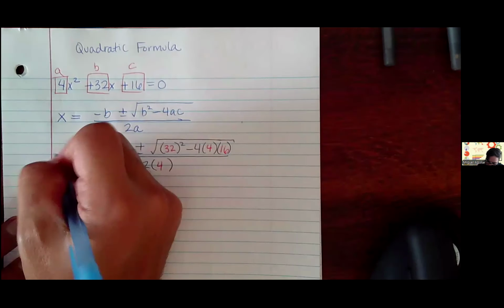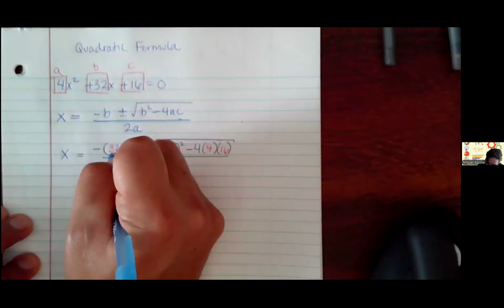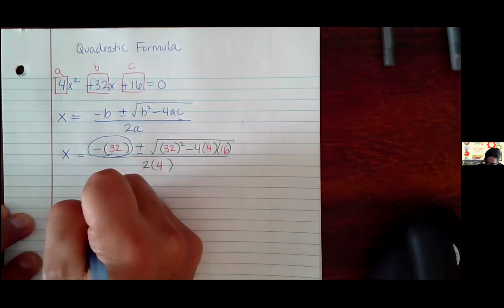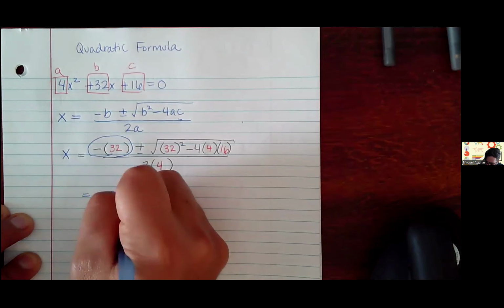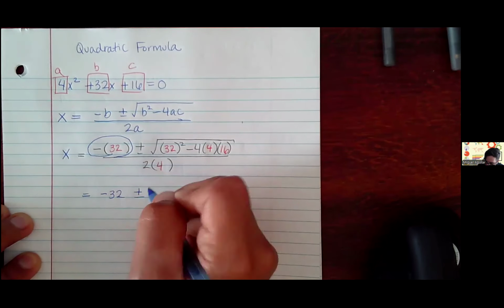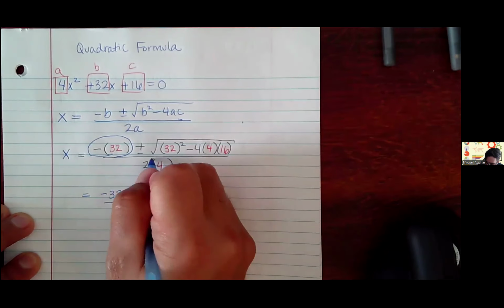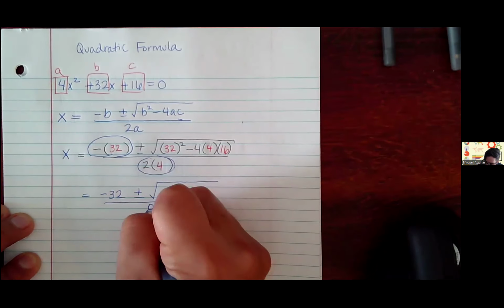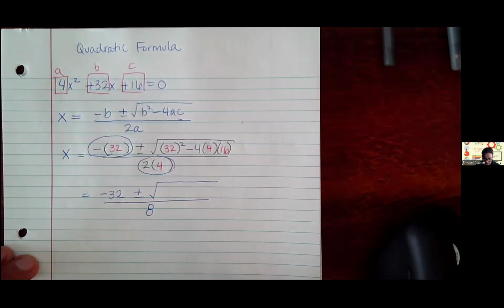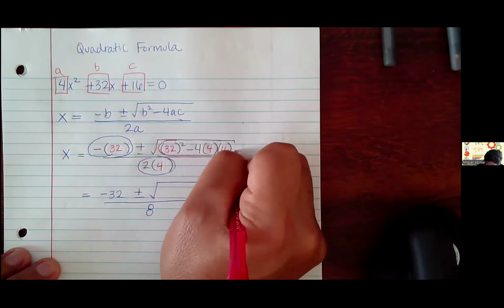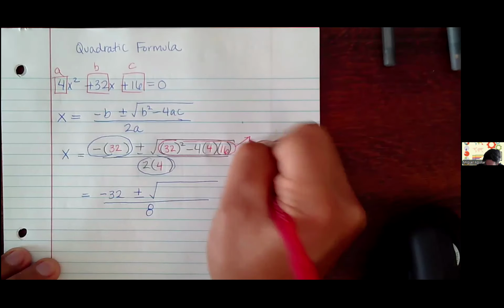Then, as I said in the previous example, what we want to do is simplify this part first. And if we have a negative 32, then we'll just call that negative 32, plus or minus the square root of something, all over 2 times 4, which is 8. Okay. Then we're going to come back to our radicand, and we want to simplify the discriminant, right?